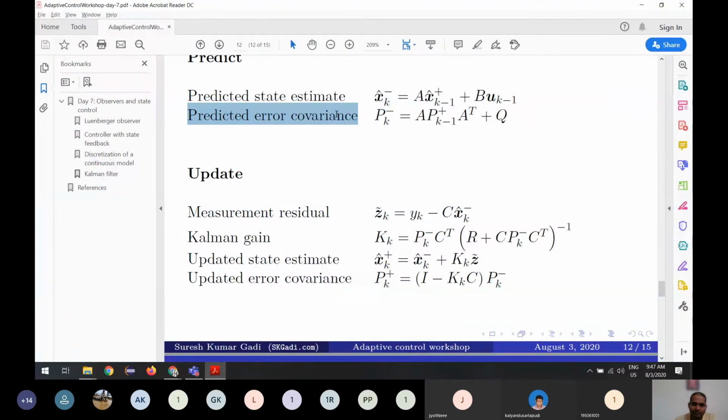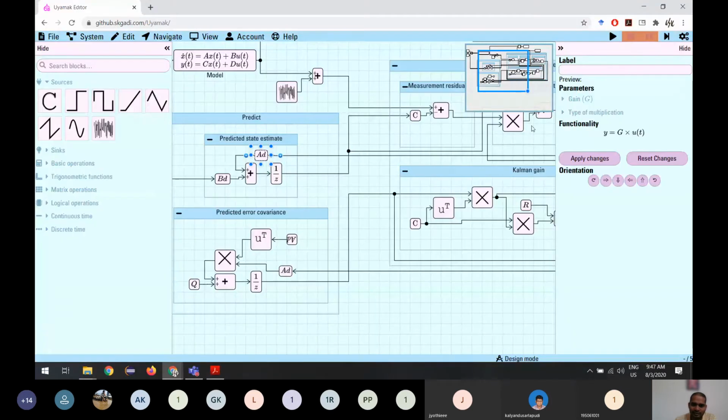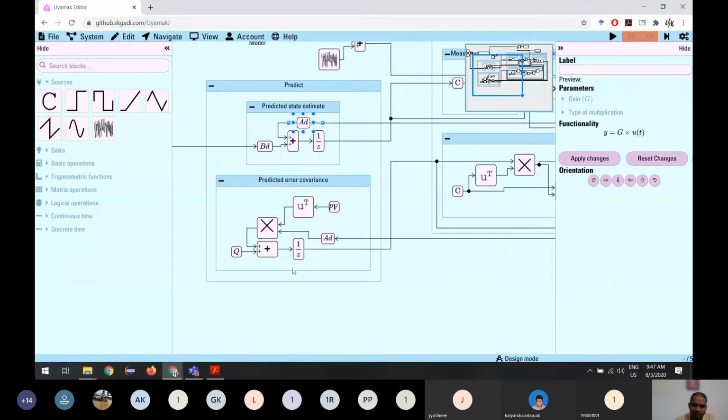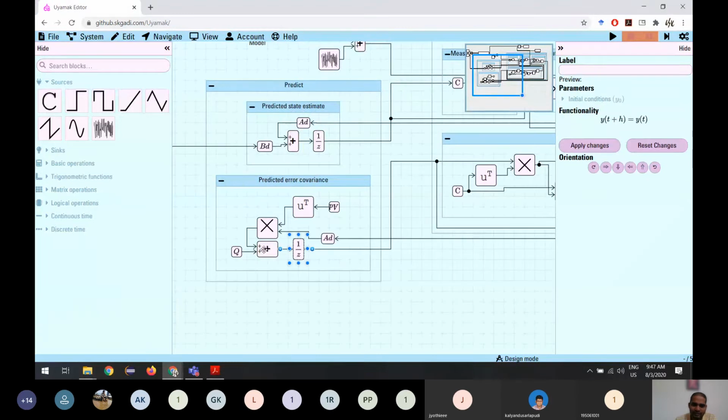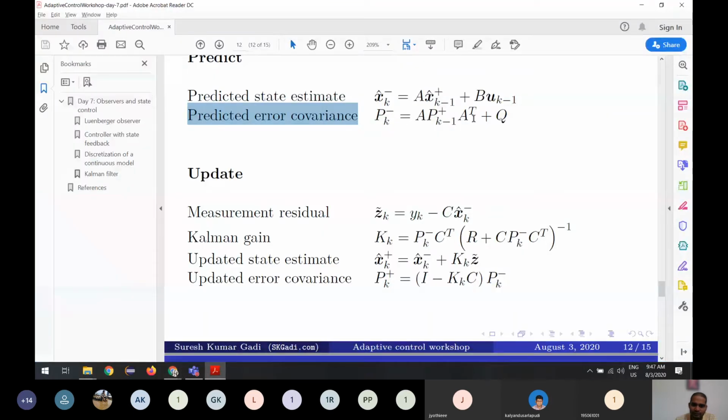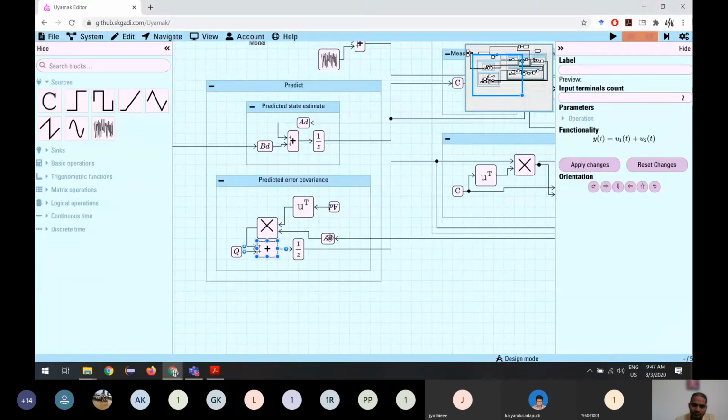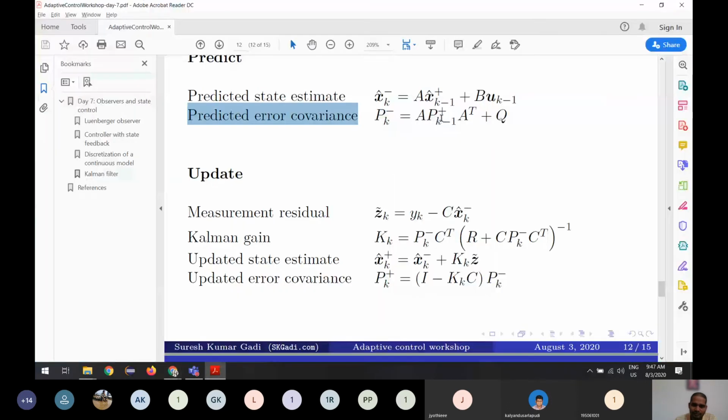So what is this one? Predicted error covariance. This is another difference equation, and it has two terms. This is the first term, this is the second term. The first term says A times P, and what is this P? It is P plus. The P plus is here.